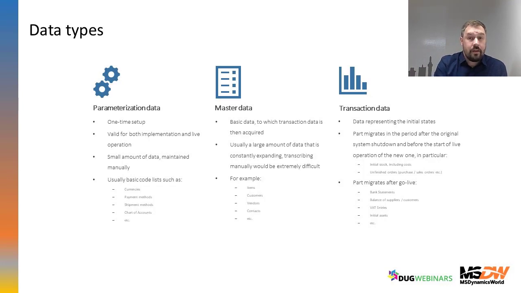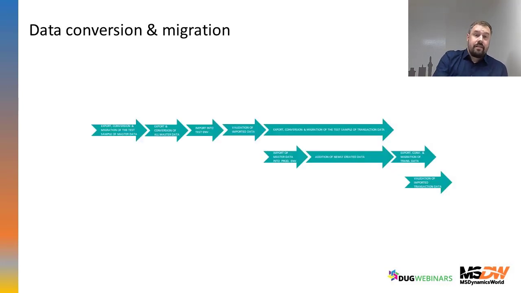And the transaction data are data representing the initial states, typically initial stock, including costs, unfinished orders, as we told in the cutover plan, and part migrates after go live, like bank statements, balances of suppliers, customers, open entries, and so on. And the data conversion and migration schedule is quite long, and it's really not easy.